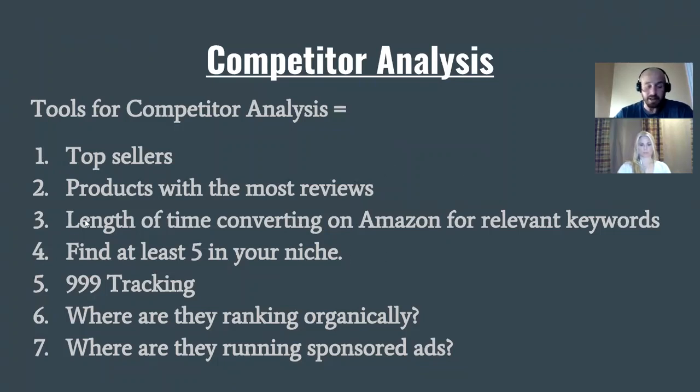We talked about the 999 tracking, where you go into any product, your top competitor, and say you want to buy 999, and it'll say, okay, maybe there's like 600 left. Then the next day, same time, you try it again, and that's how much you can really tell they're selling per day, right? Where are these products ranking organically, and where are they running sponsored ads, right?